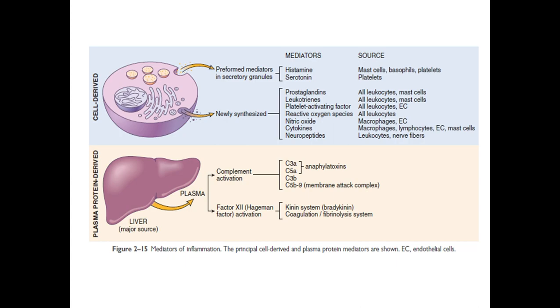Where we have the plasma protein اللي هي derived from the liver, synthesized from the liver, وتنطرح بالبلازما اللي هي complement system, والهاجمان factor اللي هو factor 12. All these are the mediators of inflammation وأنتم مطالبين بحفظها.